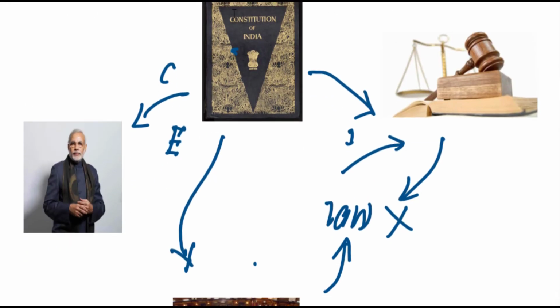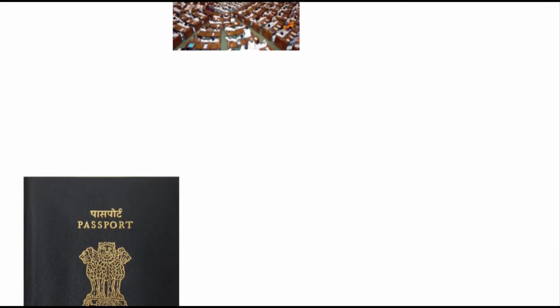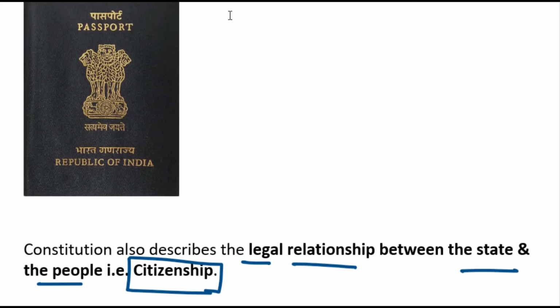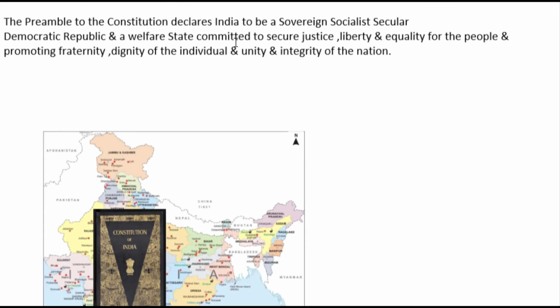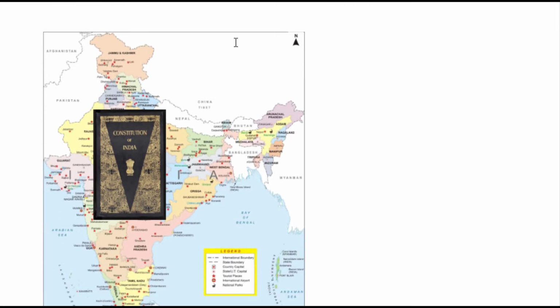We then also understood that the Constitution defines the relationship between the state and the people, which is citizenship. And at last we understood that the Constitution is central to the existence of India as the political unit we know.